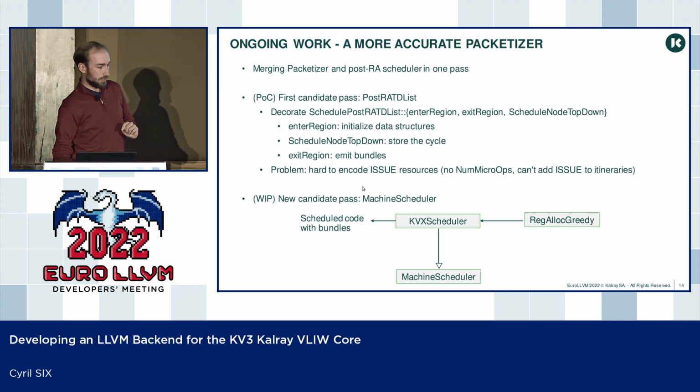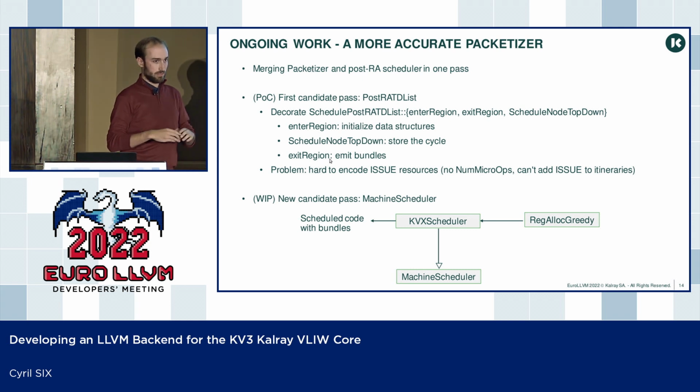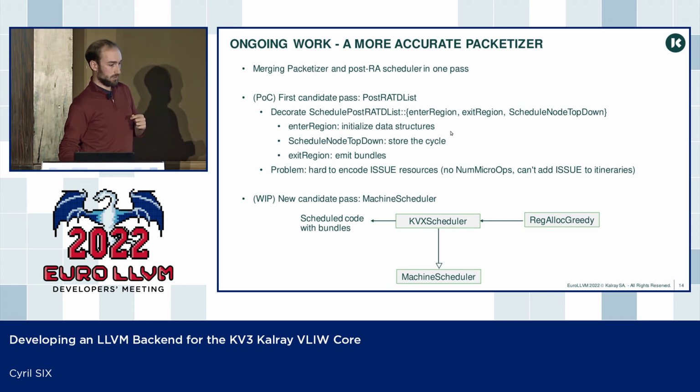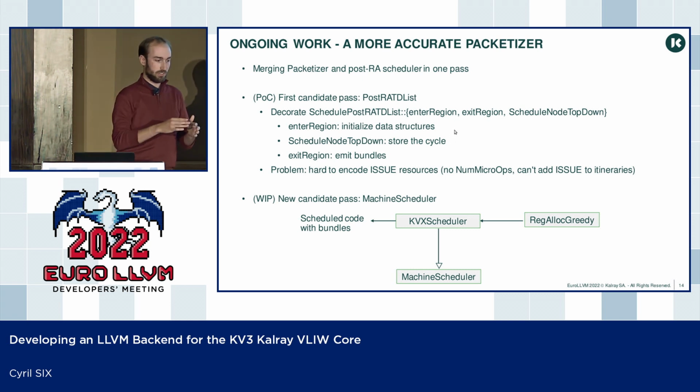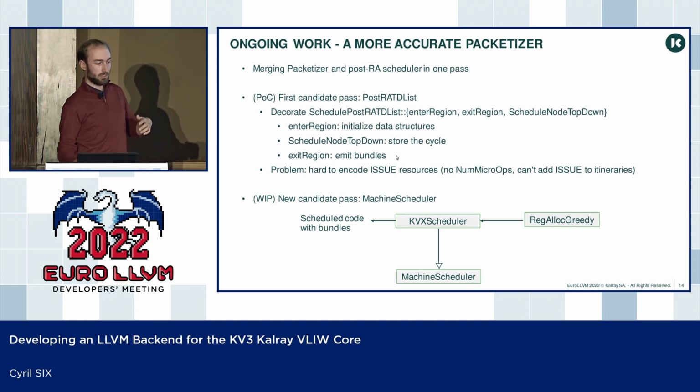And then there's exit region, where you exit and free the data that you were using before. So I decorated this class to initialize data structures on enter region. On schedule node top-down, I store the cycle in some data class, and in exit region, I emit the bundles.